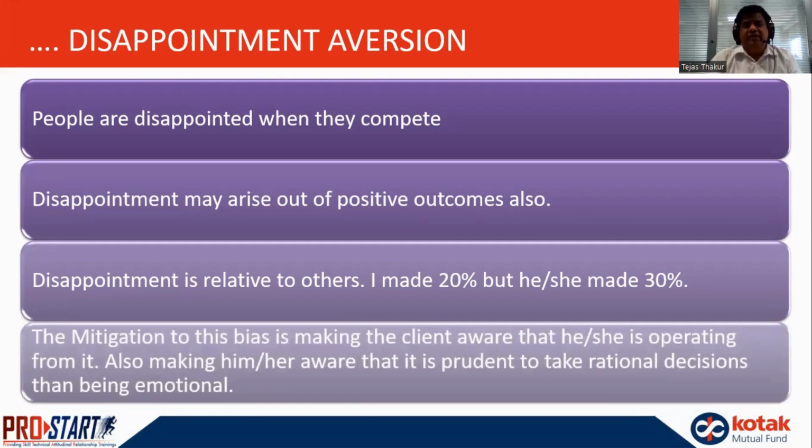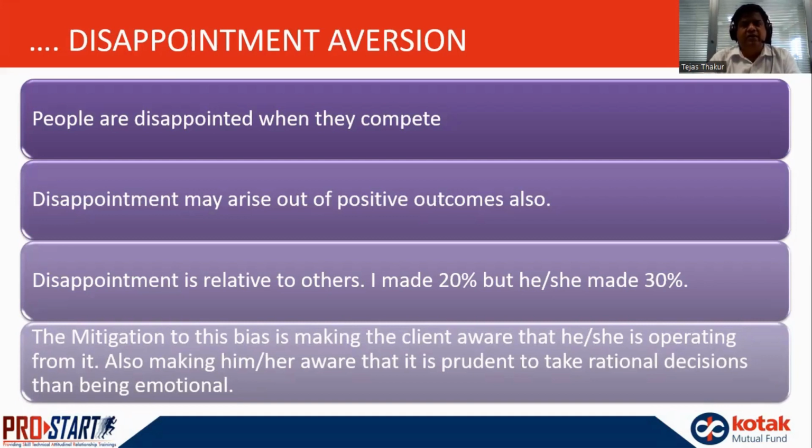Mitigation to this bias is making the client aware that he or she is operating from it, and making him or her aware that it is prudent to take rational decisions rather than being emotional. Look at what your benchmark was and what you achieved. If your achievement is better than the benchmark which you had set, you should be happy. In investment, I always make this statement: don't compare your returns with your friends' or colleagues' or neighbors' returns.